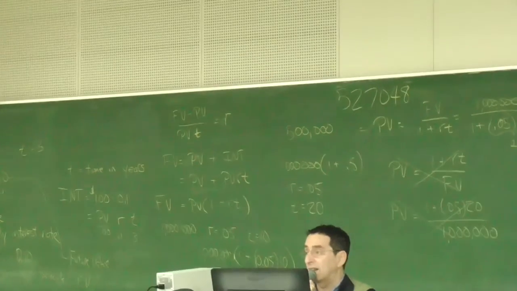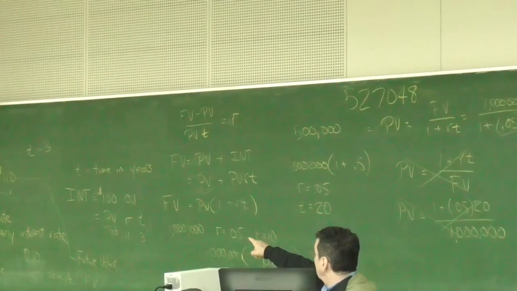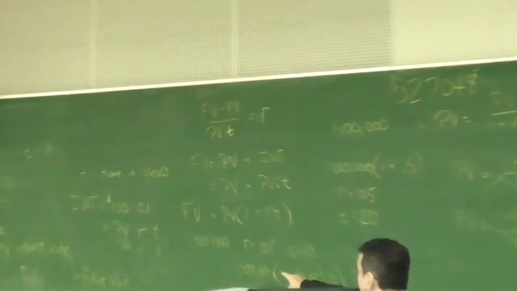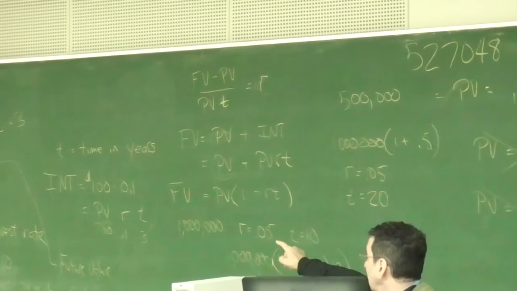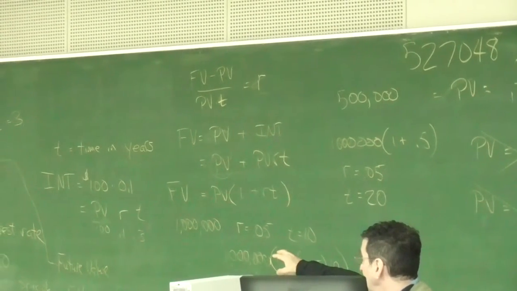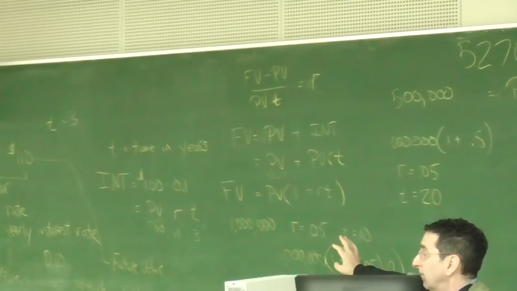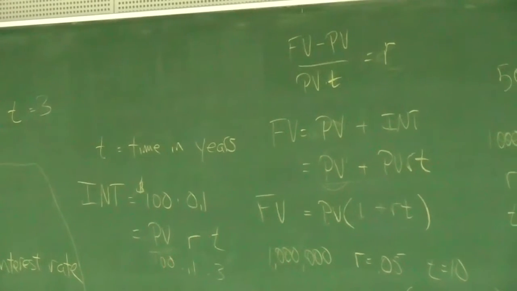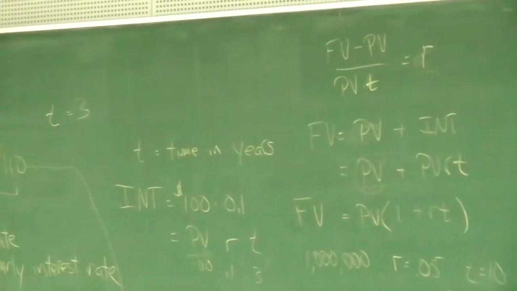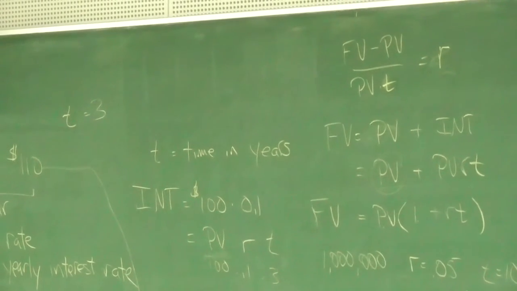So we said that, for example, over here, we had $100, and we said the interest rate was 10%. So if you put in $100 and you get 10%, how much interest do you get? $10.